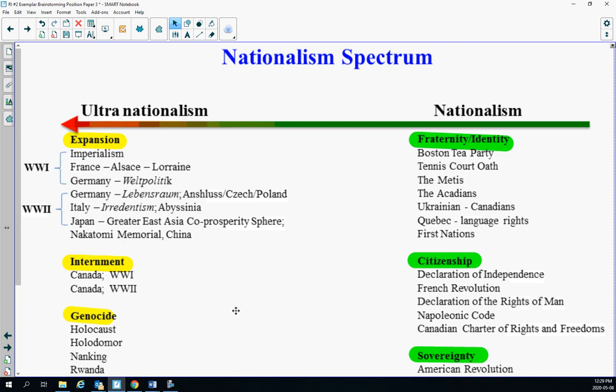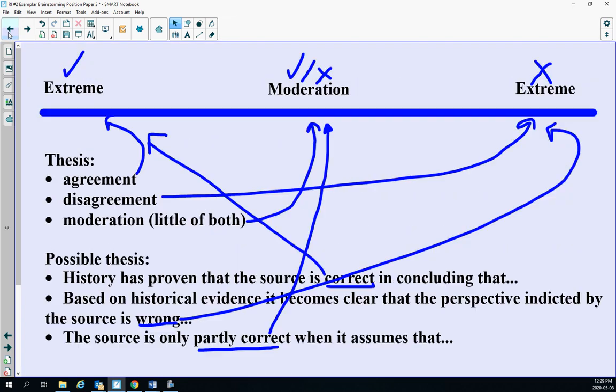So you need three arguments total. So if you wanted to kind of agree with that source, you might defend two good things about nationalism and attack it with one bad thing about ultranationalism. Or you might attack the source with two bad things about ultranationalism and one good thing about nationalism. That would be for your moderate response.